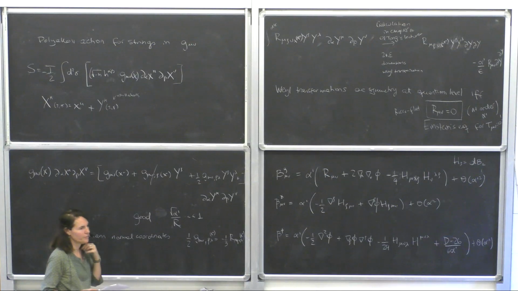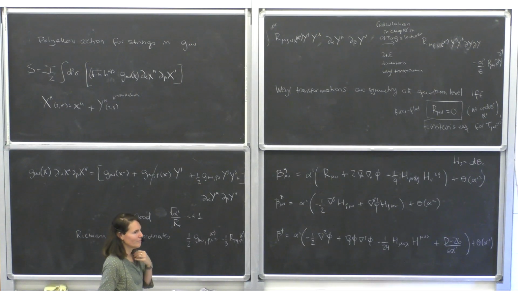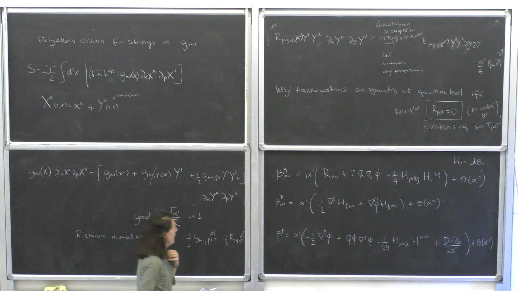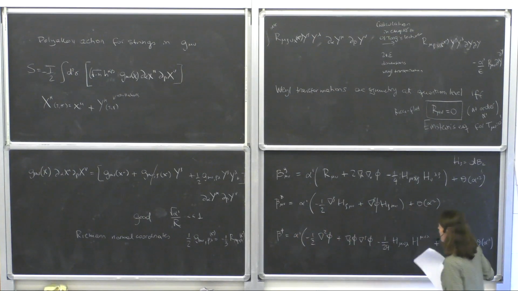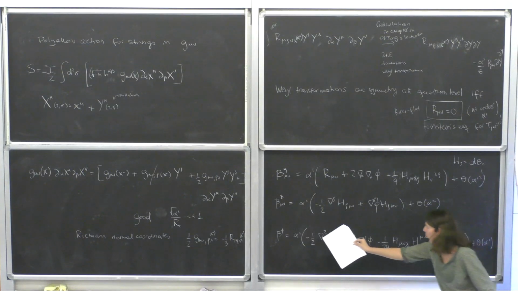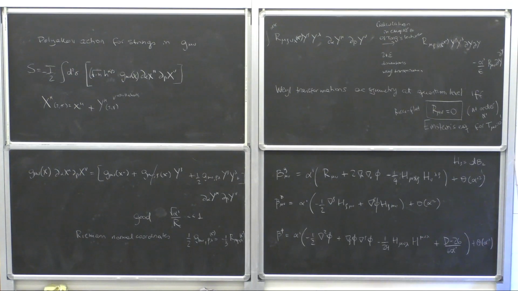Because I'm making everything dimensionless with that alpha prime. So this alpha prime with that alpha prime, you get a d minus 26. And yeah, a constant term.